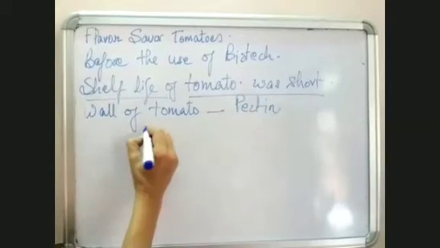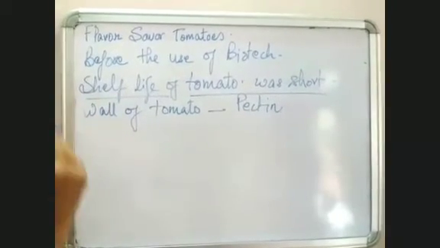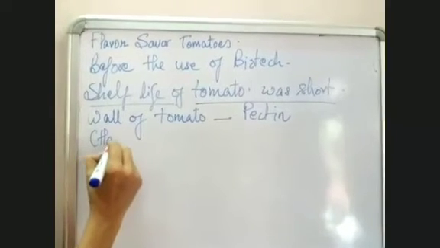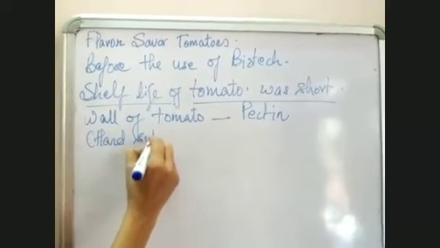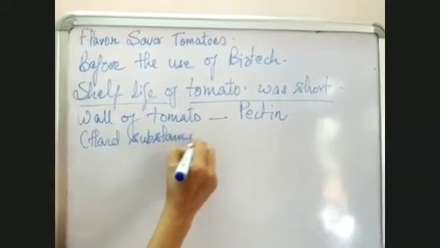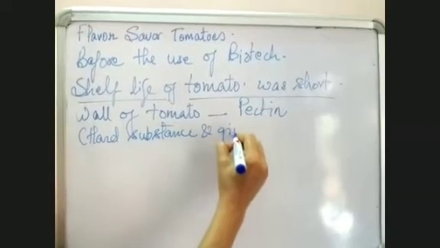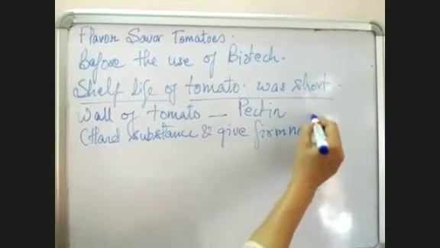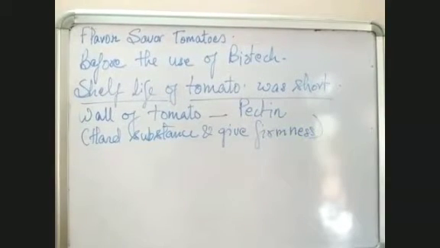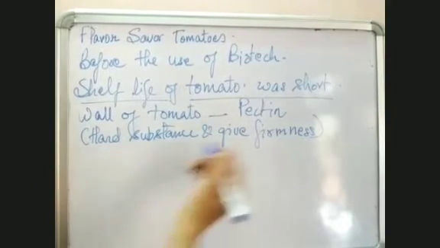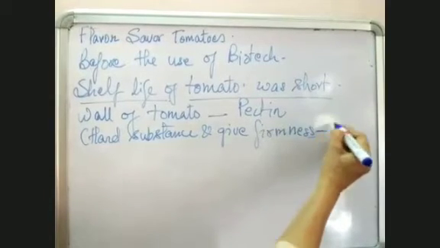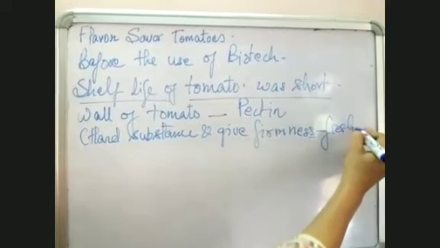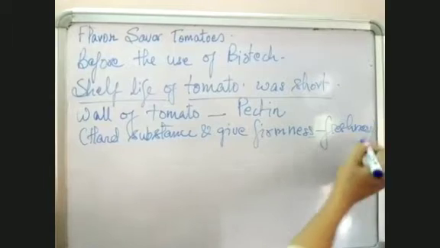This is a hard substance and it gives firmness to the tomato wall and keeps it fresh. That means it is responsible for the freshness of the crop.